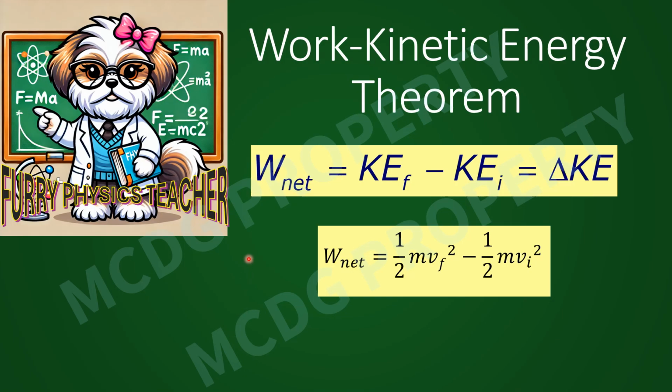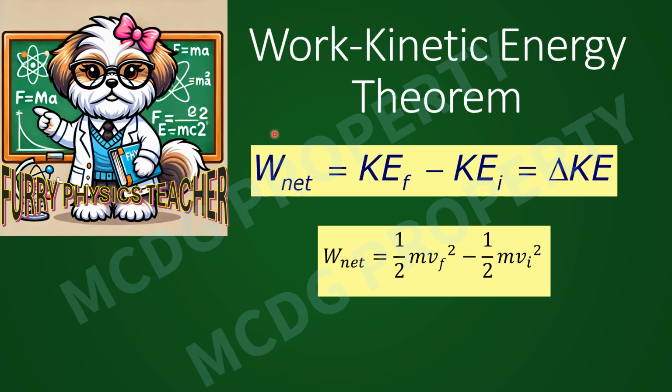Now for the next question, an additional question, you will need this theorem. We call it the work-kinetic energy theorem, which gives you the relationship between the total work done, or net work done, on the object and its change in kinetic energy.